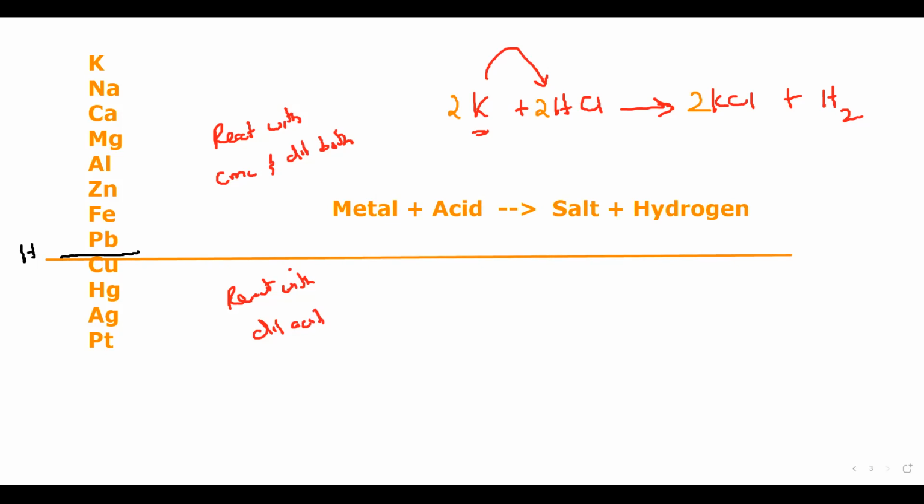The metals which are higher in the reactivity will give greater effect, like the rate of formation of hydrogen will be faster for them as compared to metals below in the reactivity. And the metals which are below lead, because they cannot react with dilute acid, and in the lab we are using dilute acid, so we don't find their reaction very common in the lab.